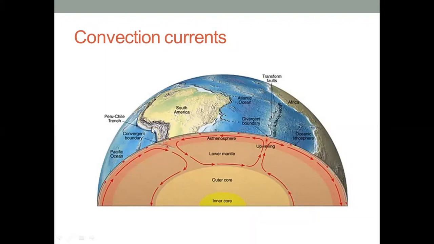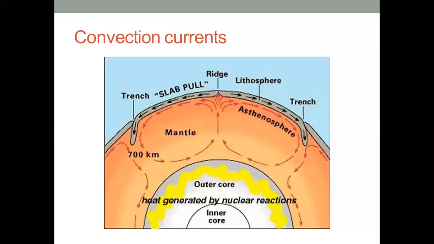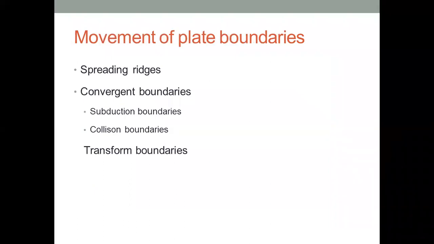When this strain level exceeds the permissible strain level of the rock material or the plate material, it will definitely rupture. During that time, the earthquake waves will be generated. That is called elastic rebound, which we'll see next.